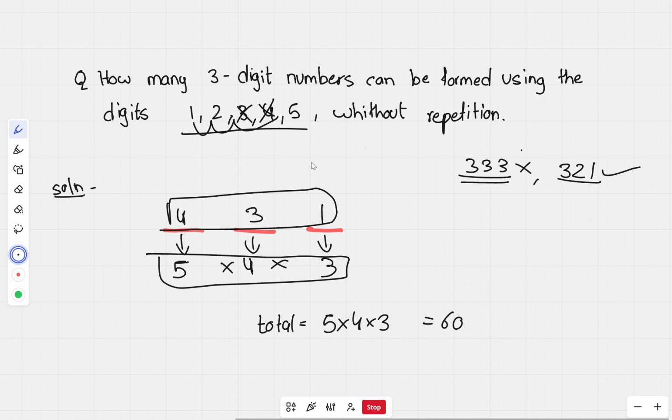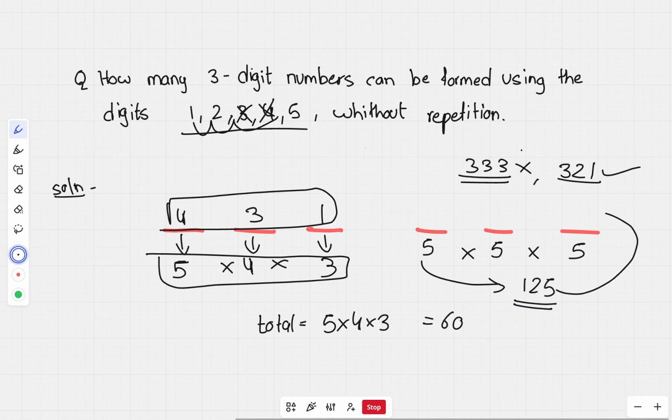Alright. So notice how repetition changes the entire logic. We'll explore that deeper in the next video. Now, what difference did repetition make? If we remove the restriction on repetition and then form the numbers, then we can have 5 options here, 5 options here, and 5 options here. Multiplying this would give us 125, and these 125 outcomes include numbers where either 2 digits are repeated or 1 digit is repeated 3 times.